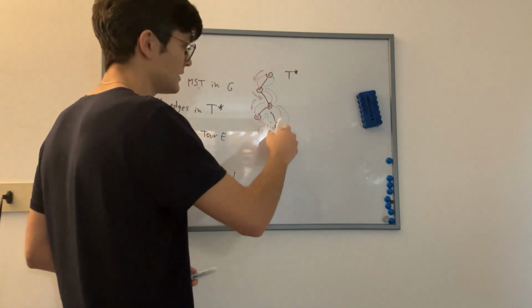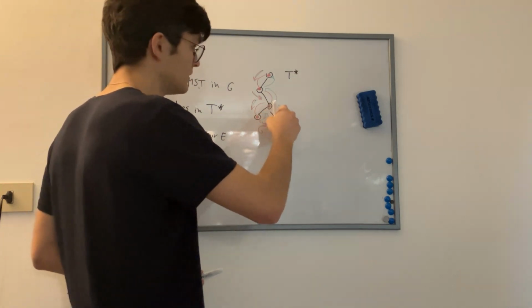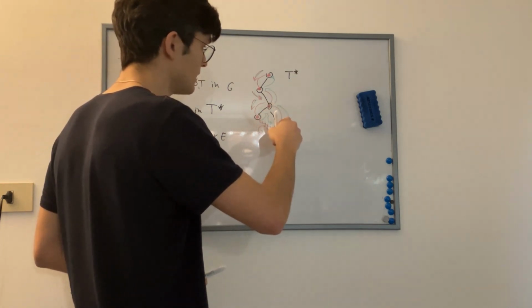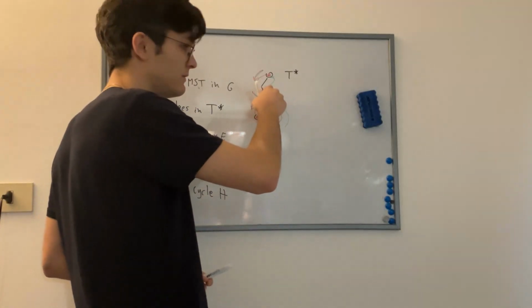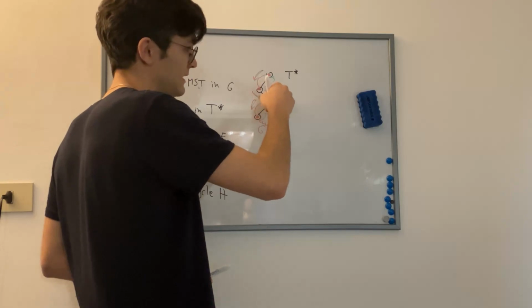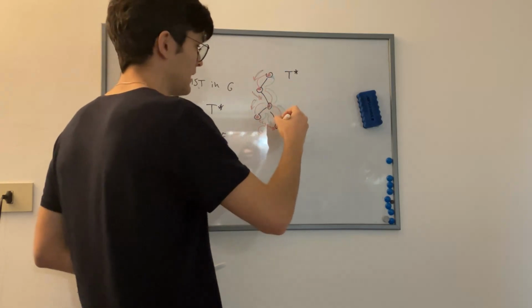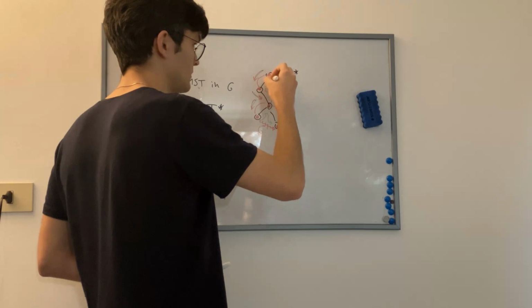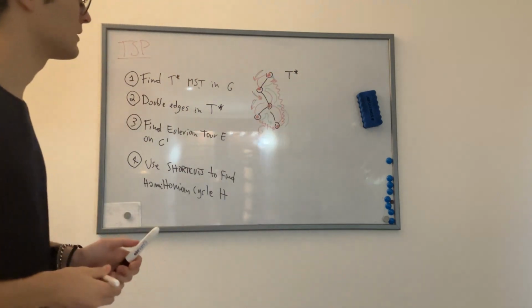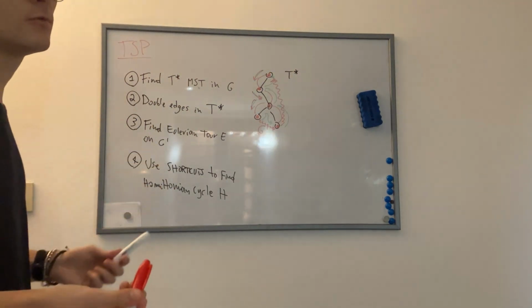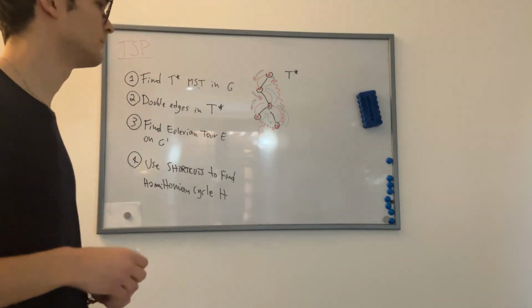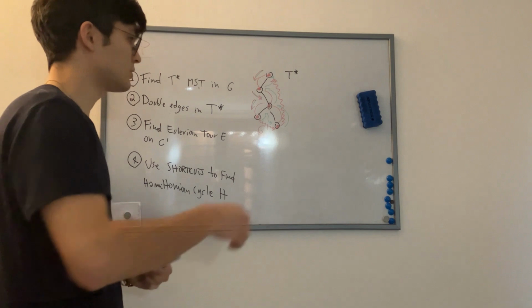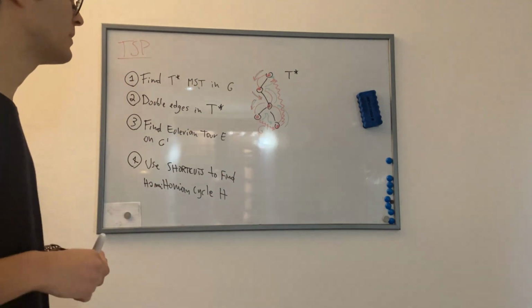Same thing, now instead of going back here that we've already visited, we go to the next, so we would go there, but this is already visited as well, so we go to the next, so we go there. And we take this shortcut. And as you can see now, we've finished our Hamiltonian cycle, Hamiltonian tour, because we're back to the starting node.